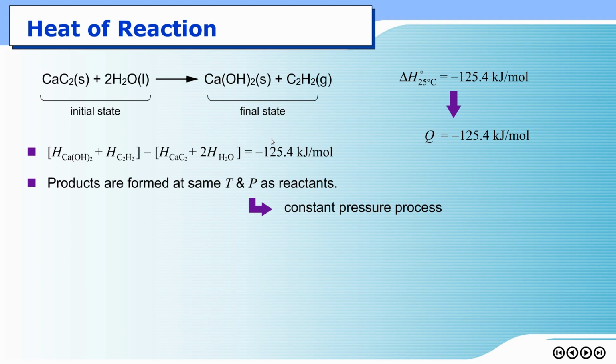In this case, even though the temperatures are the same for initial and final state, the chemical composition is changing. So this is an obvious indicator that inside the system the internal energy will change. Once the internal energy changes, enthalpy, which is also a function of internal energy, H equals U plus PV, will change as well.